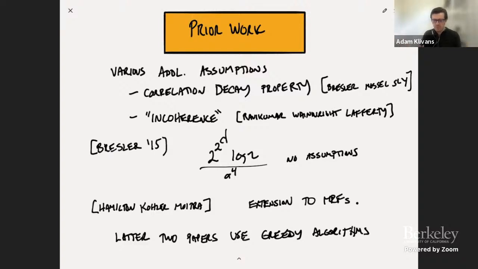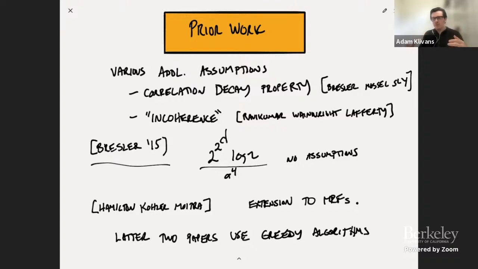There's an algorithm for learning Ising models by Bresler, Mossel, and Sly under that assumption. And then there's an approach by Ravikumar, Wainwright, and Lafferty that assumes not only that your distribution comes from the Ising model, but that it satisfies an incoherence assumption related to the incoherence assumption from compressed sensing, but different.